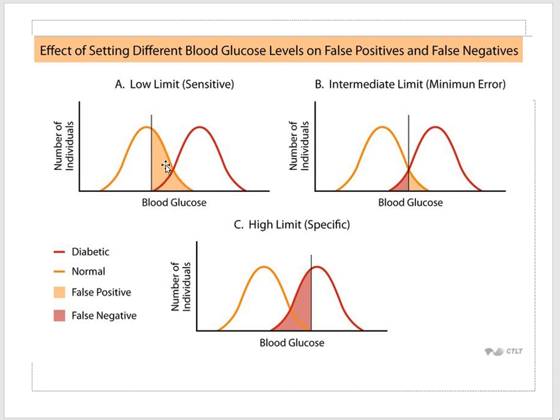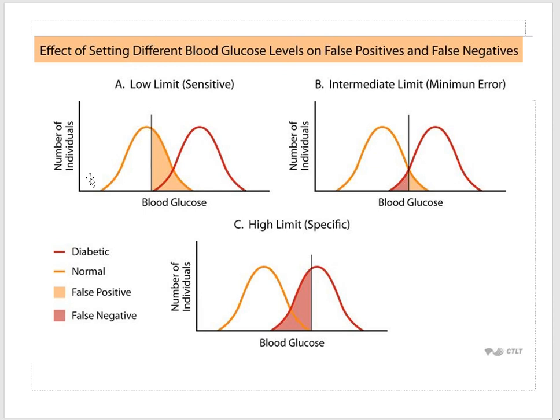And remember, when you test for blood glucose, it's not whether something is present or absent, it's whether blood glucose surpasses a certain threshold. And therefore, you have to decide where's the cut point at which we start considering people to be positive and below which people are considered negative.